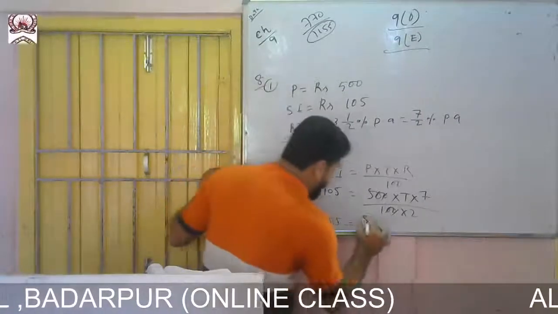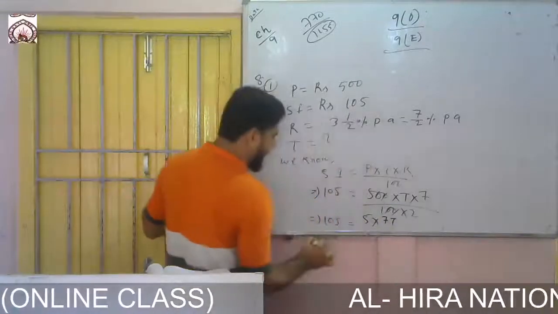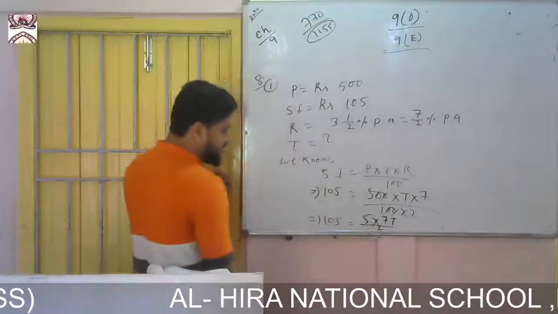So you write 5 into 7T by 2. Okay. Now cross multiply.